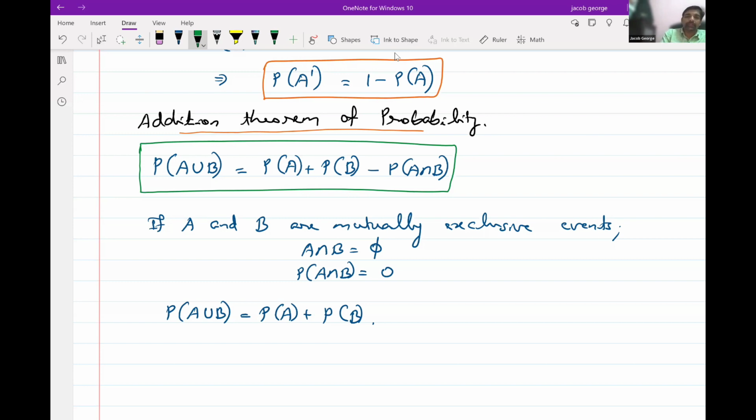Actually, this is the formula from which the probability one is derived. If you divide that formula by N(S), N(A) by N(S) becomes probability of A. So it is a derived formula from N(A union B). So this is very important: P(A union B) in probability is P(A) plus P(B) minus P(A intersection B).